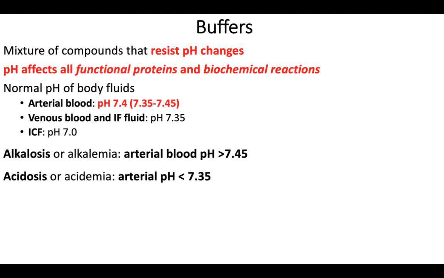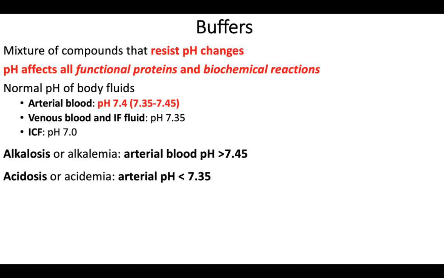So now let's look at what it means to be a buffer. Well, a buffer can be a mixture of compounds that can resist changes in the pH. Buffers are very important to have in body fluids because enzymes function best at certain pHs.